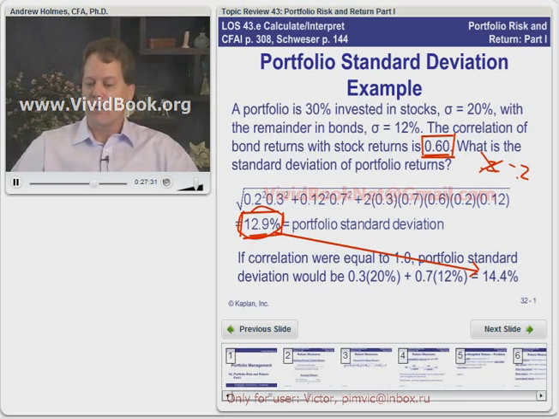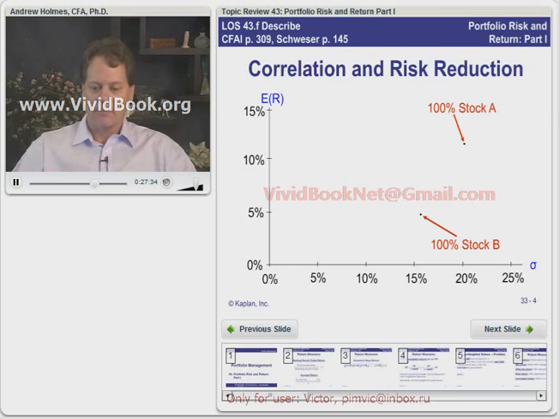All right, so let's think of this in pictorial terms here. If we have two stocks, stock A up here and stock B down here, if we're 100% in stock B, we're right there. If we're 100% in stock A, that's our risk-return combination. So we're in the return and risk space here. If these things were perfectly positively correlated and I wanted a portfolio that was half A and half B, this is where it would fall.